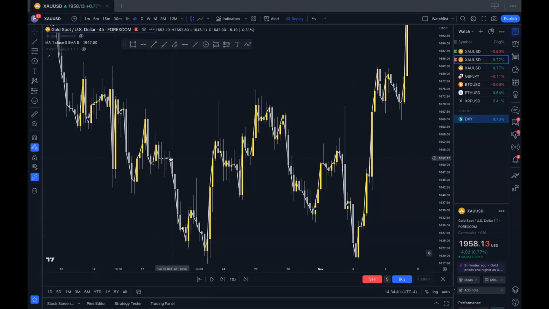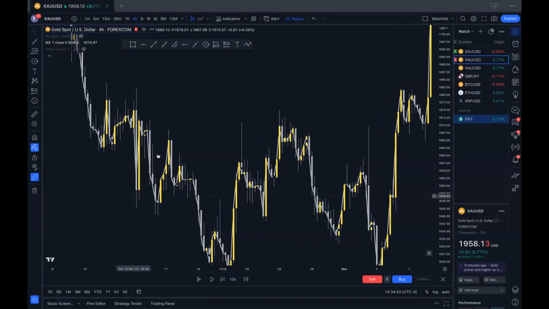Let's see. Type 6. That's not the entry though, since your entry would have to be this classic SNR. You also have this classic SNR. Where is the trend line for this? Can anyone point it out?